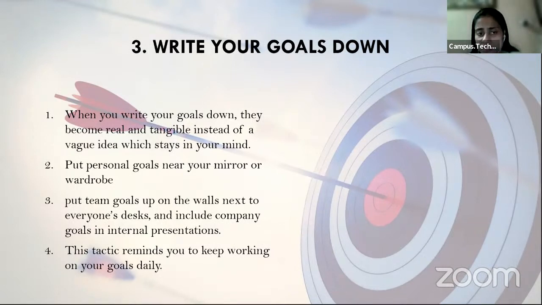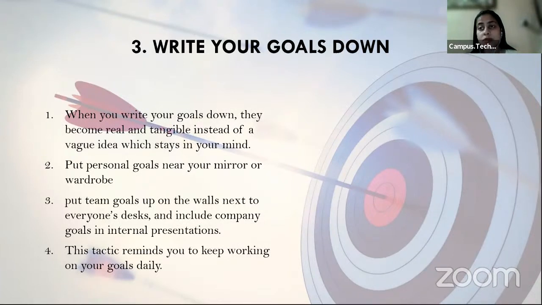Put personal goals near your mirror or wardrobe. Whatever goals you have set, whatever your personal goals are, make sure you put those goals somewhere where you can see them regularly and think that, yes, I have to move closer to achieving that goal. If you write it in a notebook and you just close it and put it somewhere, that is not going to give you the result, until and unless it is in front of you.